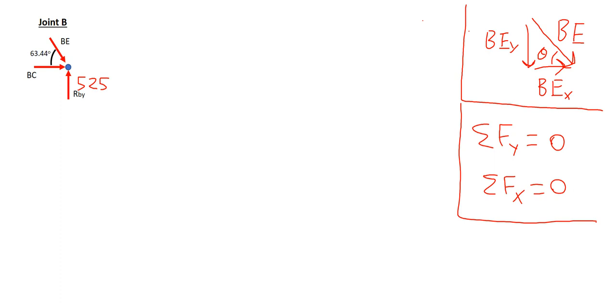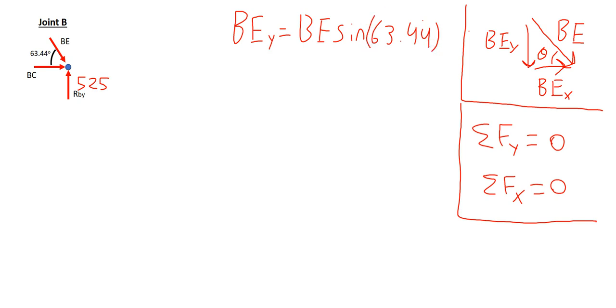BEY is on the opposite side from the angle, and therefore we will use the sine function in order to solve for BEY. So we get an equation that BEY is equal to BE sine of 63.44 degrees.